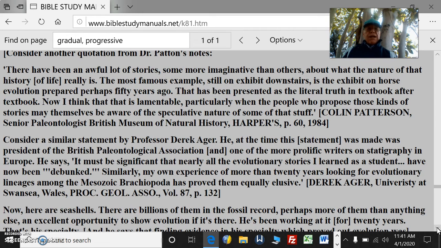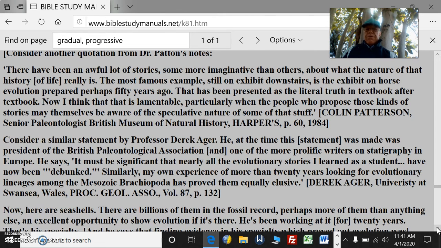That has been presented as the literal truth in textbook after textbook. Now, I think that is lamentable, particularly when the people who profess those kinds of stories may themselves be aware of the speculative nature of some of that stuff. Colin Patterson, Senior Paleontologist, British Museum, Natural History.